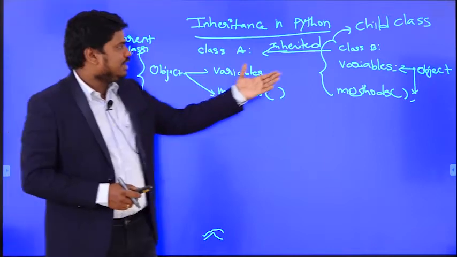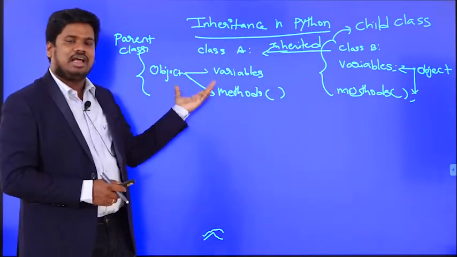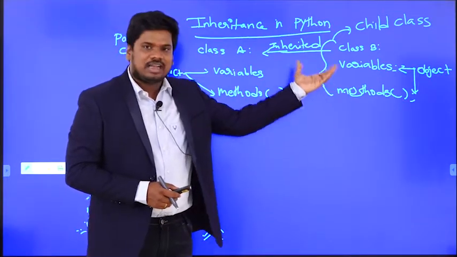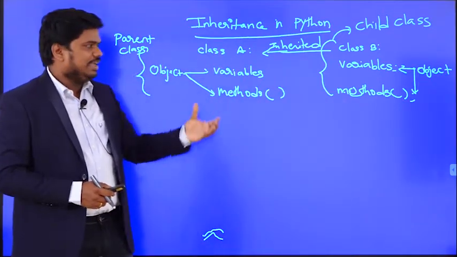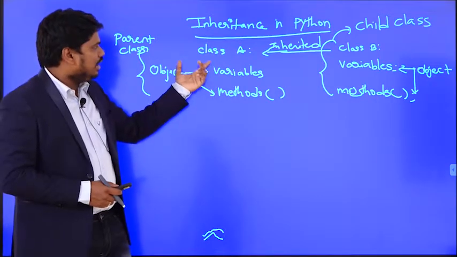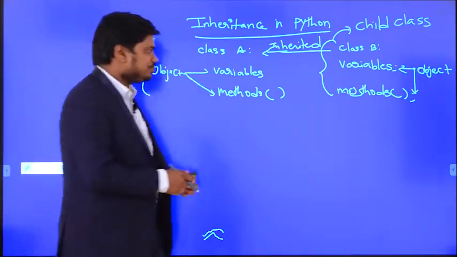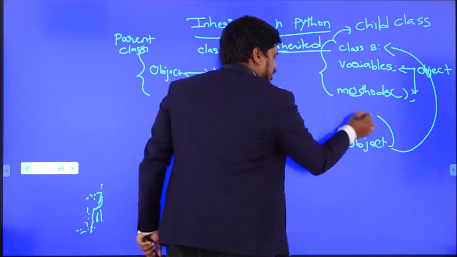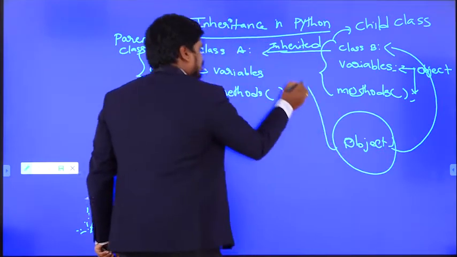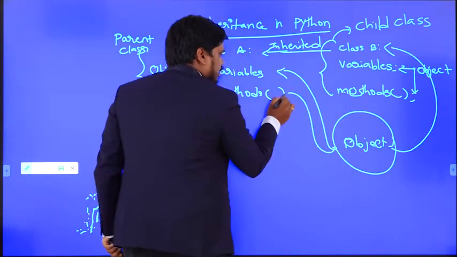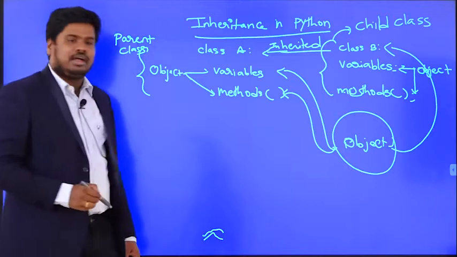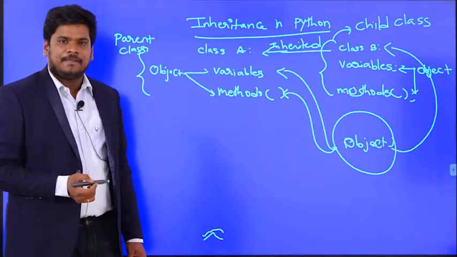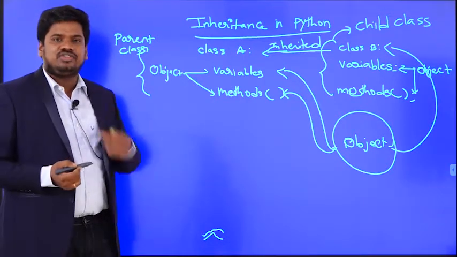In a similar way, class B will always have the variables and methods present in class A. So in order to access the class A behavior, I will create an object belonging to class B, and from this object I will access the behavior present inside class A. So this is how inheritance works.